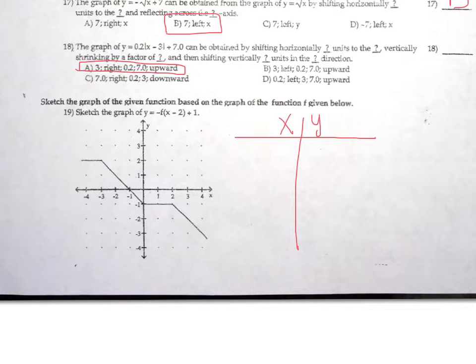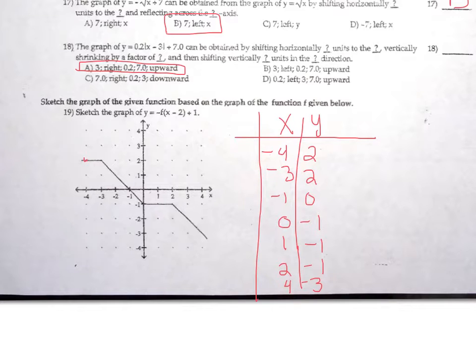Get the points. I'm going to get negative 4, 2; negative 3, 2; negative 1, 0; 0, negative 1; 1, negative 1; 2, negative 1; and then 4, negative 3.